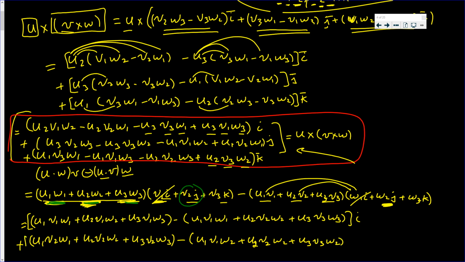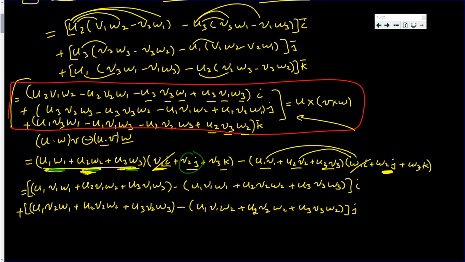And this mess is in the j direction, the second component. Plus, now I distribute these same three, but this time to V3 k.